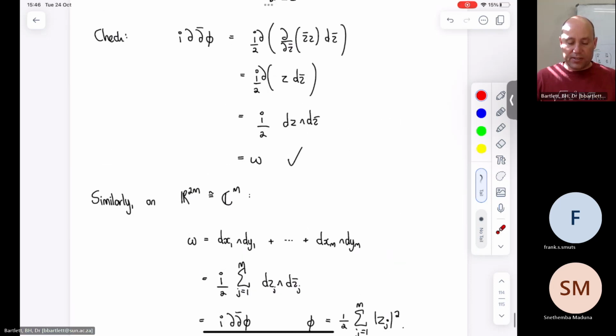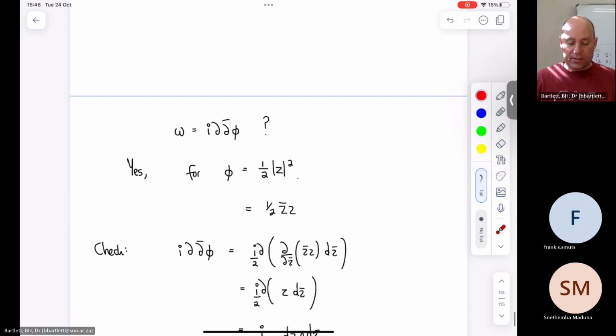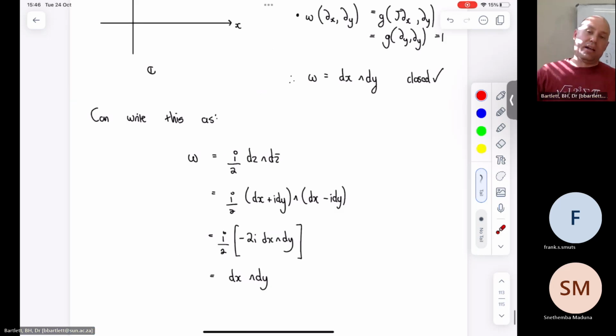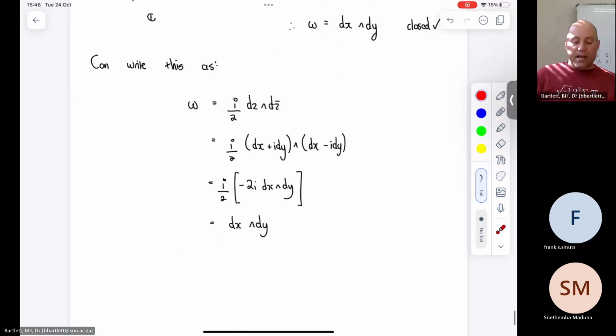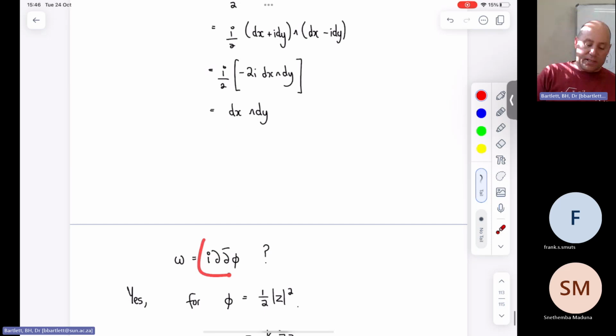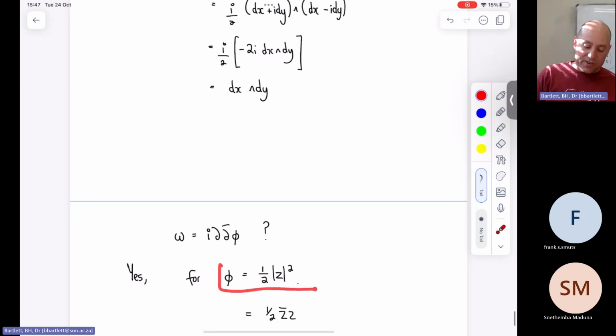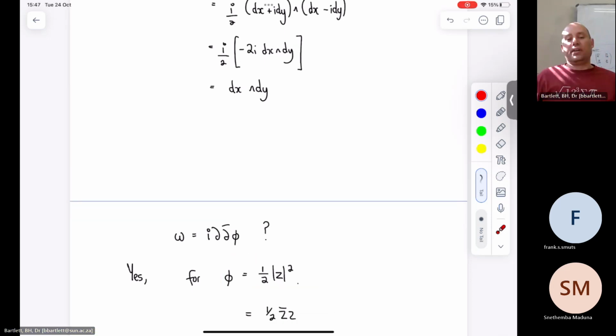Okay. Of course, since it's a 1-1 form, I'm supposed to be able to write it as i del del bar phi for some smooth function phi. What is that smooth function? It's this function here. It's a half times the modulus of z squared. Note that this is a smooth function.